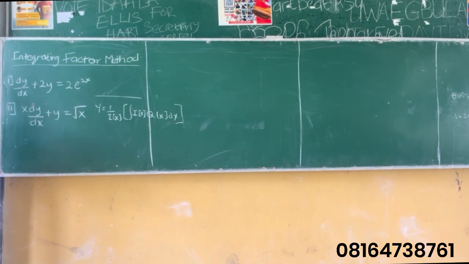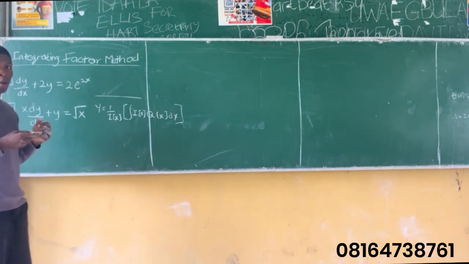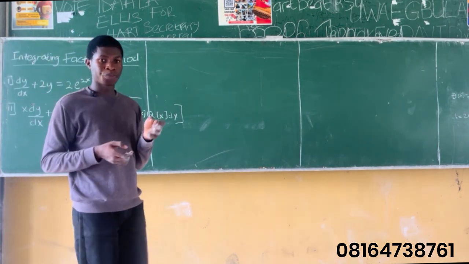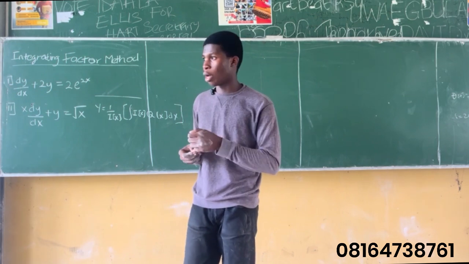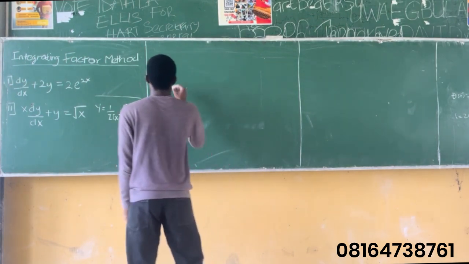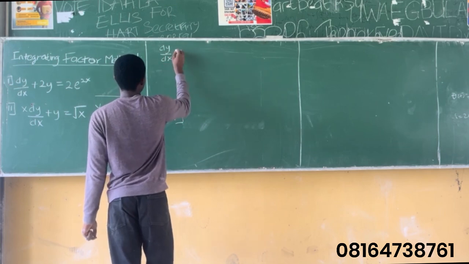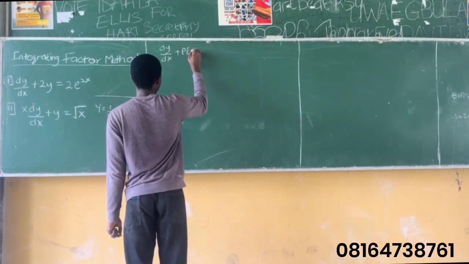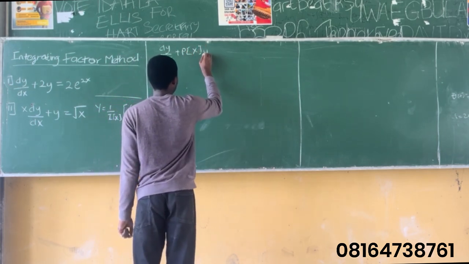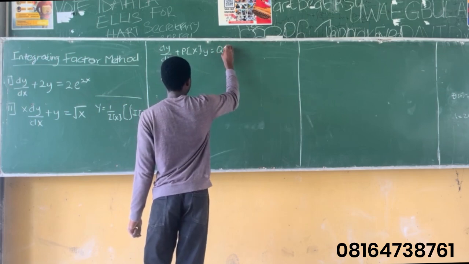So firstly, how you solve this kind of equation is you compare it to the reference equation that I'm going to write out. So this is the reference equation: dy over dx plus p(x) y is equal to q(x).